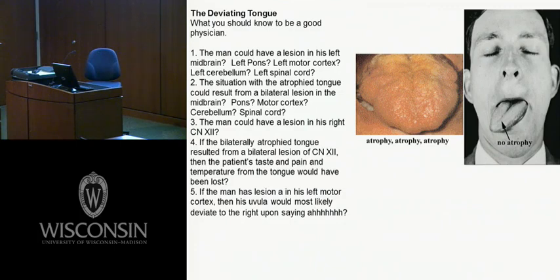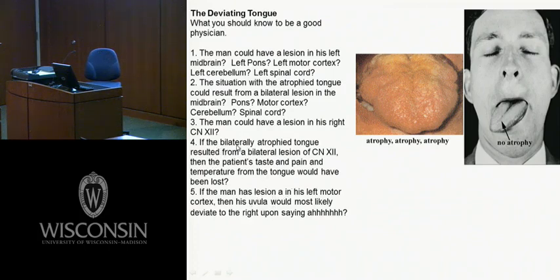If the man has a lesion in his left motor cortex, then his uvula would most likely deviate to the right upon saying, ah. No. Remember that? Bilateral. Don't ever worry about that darn uvula.